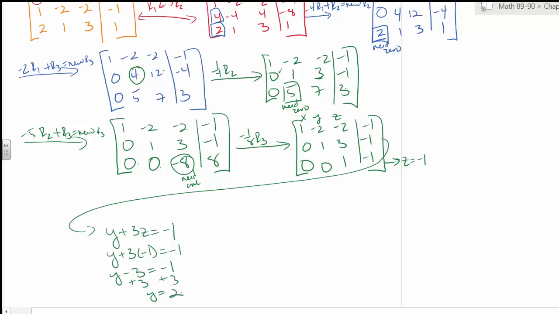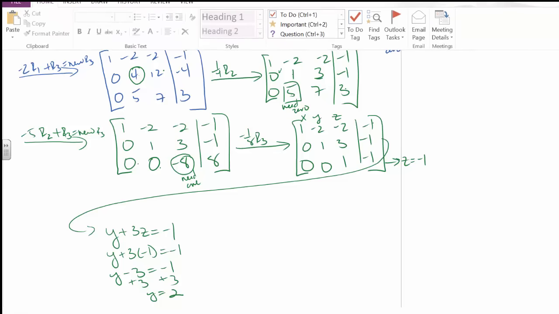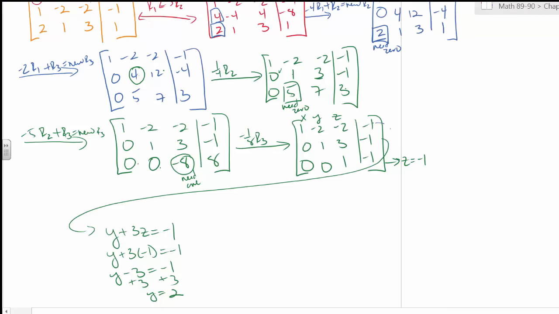Now I've got z and y, so I can take this guy, and I'll go to a different color, the top row. Take this one, and we know x minus 2y minus 2z is equal to negative 1. But remember, we have z equals negative 1 and y equals 2, so we can plug those in.